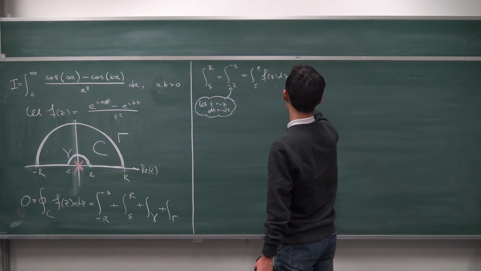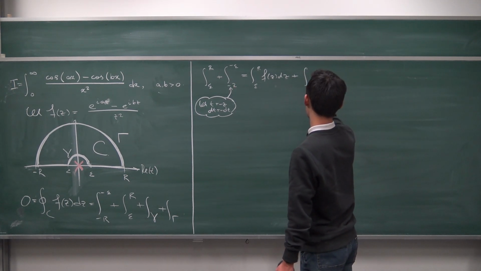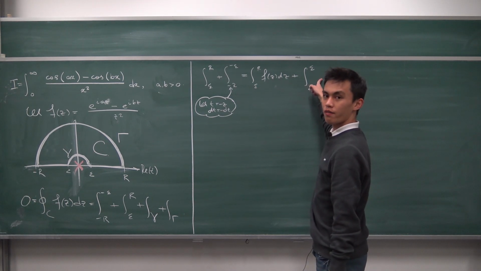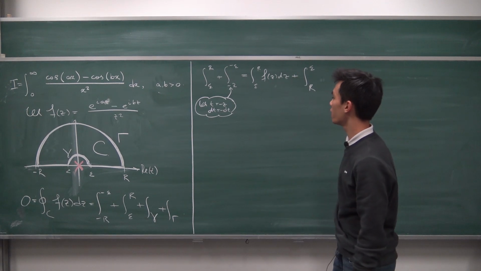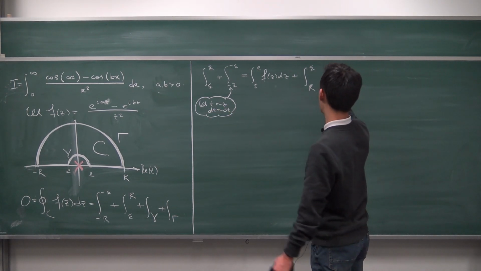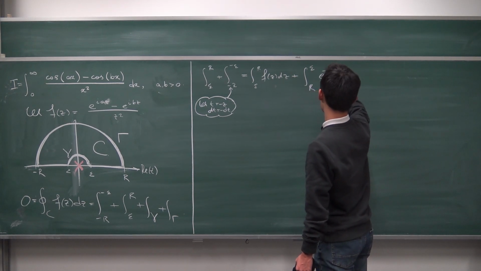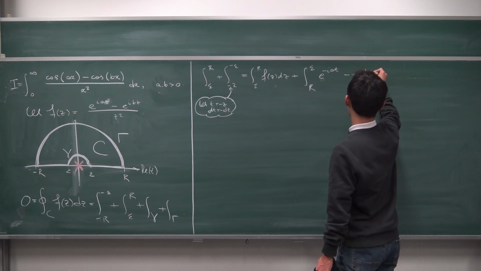That's going to give us plus the integral. Now minus r, that's going to become positive r. Minus epsilon, that's going to become epsilon. And then we're going to have f of minus t over here. So originally it was f of z, it's going to become f of minus t. So what is f of minus t? It's going to be precisely e to the minus I times a times t, and then minus e to the minus I times b times t.